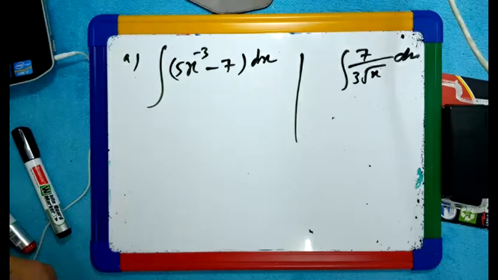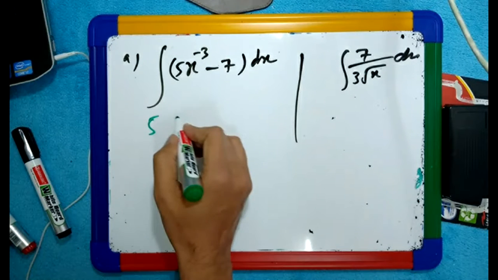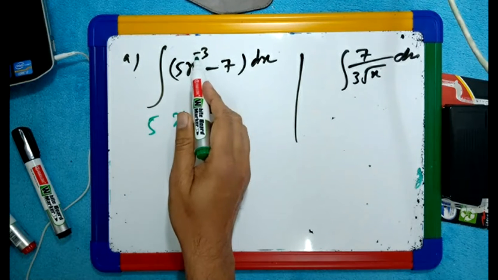Now see, I just moved the denominator x cube into the numerator. It will be power minus 3, right? Now we will integrate it. It's very easy. 5x to the power minus 3 plus 1.